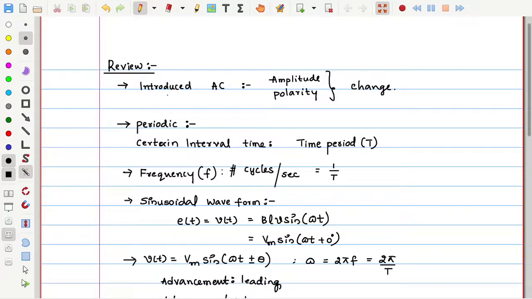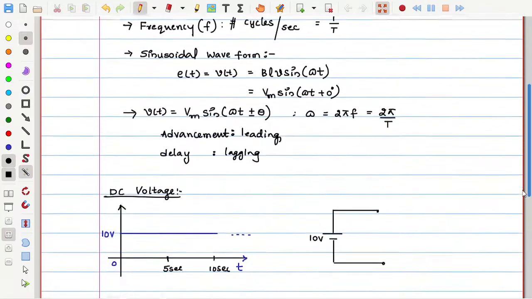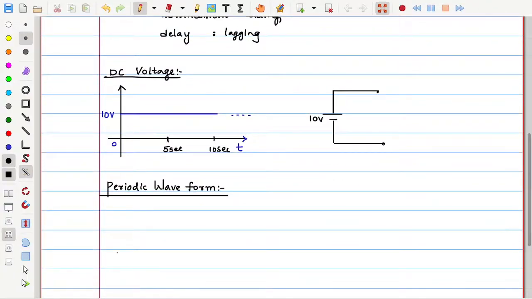These are the important characteristics about these periodic waveforms. So amplitude is continuously changing. Now, how could I say that? How much is my voltage in case of the periodic waveform?